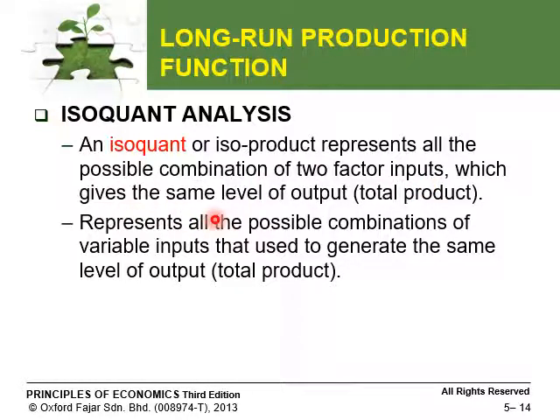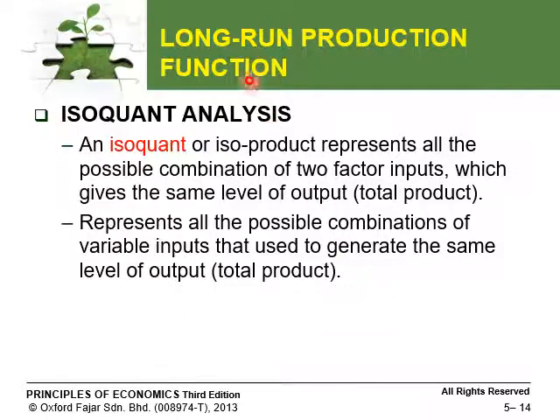In the long run production function, all inputs already become variable inputs. Like I just mentioned before, in the short run, your input consists of two types, which are fixed input and variable input.